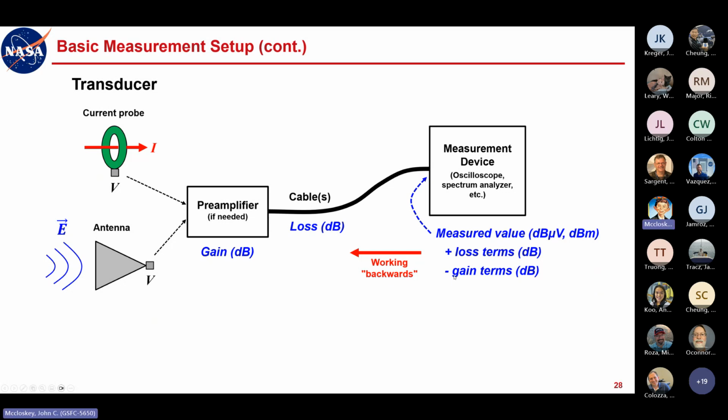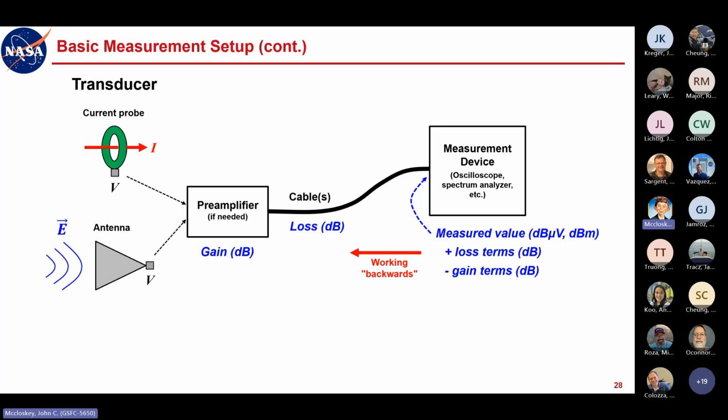Same with gain. If you have 35 dB of gain, I think that's a really typical value for one of the LNAs we use for radiated emissions, then the actual signal level at the input to the preamp is 35 dB lower than what it is at the output. So I just point this out because it can get very confusing, and it certainly threw me the first time, just as I was getting a handle on this whole test and measurement thing: why are we subtracting gain?